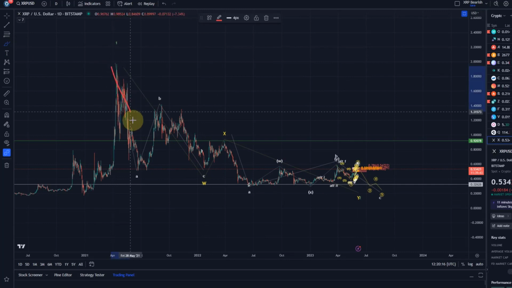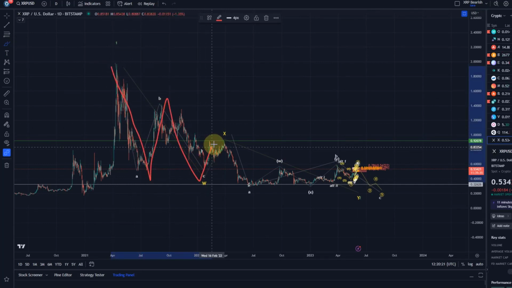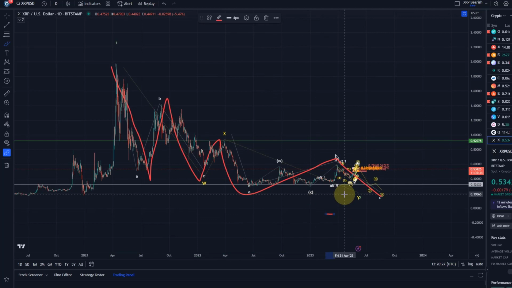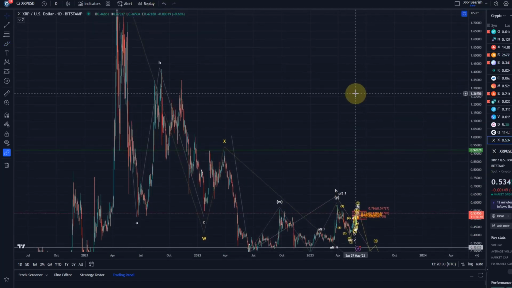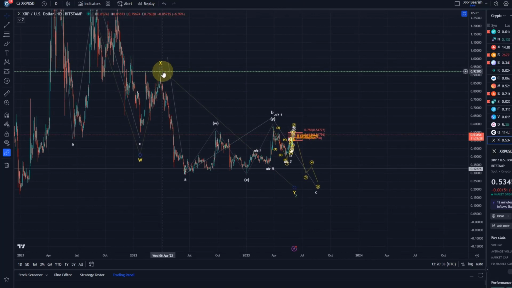So we have an ABC structure in wave W, a 3-wave move in wave X, and I have an A, B, and C wave still to come in the Y wave. So the idea is that we're currently in the Y wave, which consists of an A, B, C structure.